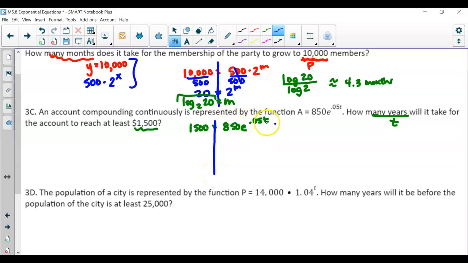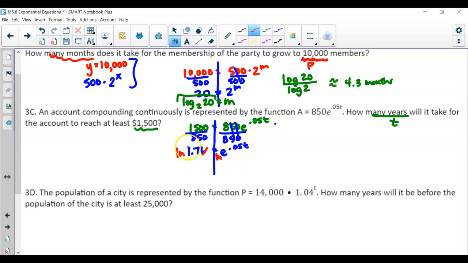Now notice our exponential is being multiplied by 850. So what do we have to do first? Divide by 850. So now here, when you divide, you get about 1.76 is equal to e to the 0.05 t power. Now, we have an e. So what does that mean? Well, what is the inverse of e? Natural log, ln.